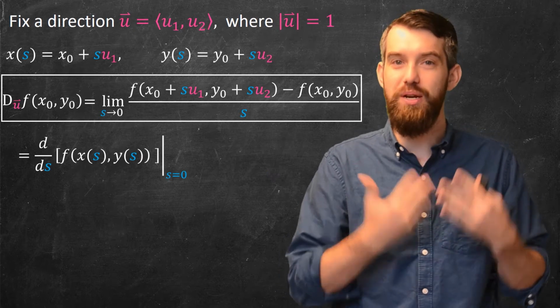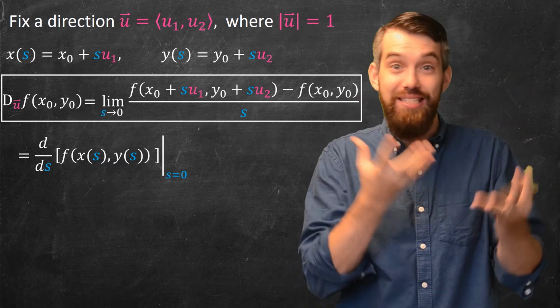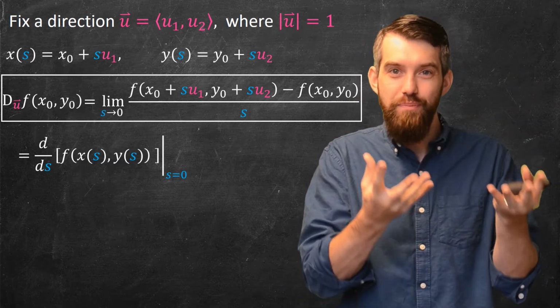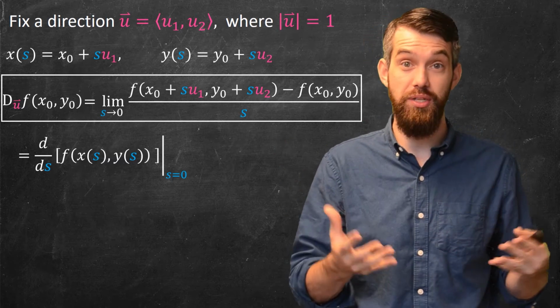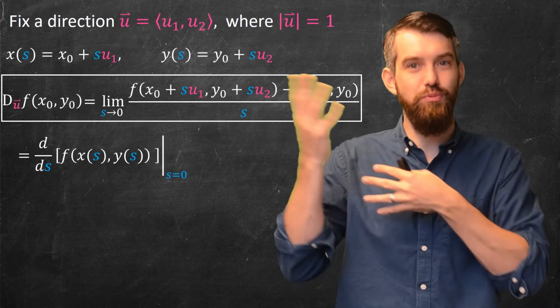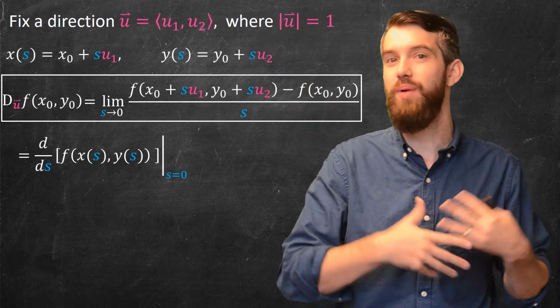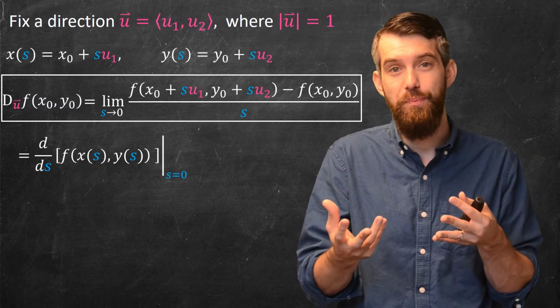It's the derivative with respect to s of the composition f of x and y, where x and y both depend on s. And then I'm evaluating that derivative at s equal to 0. So this is sort of a shorthand for expressing what we have up at the top. Indeed, when s is equal to 0, your x and y are x naught and y naught.